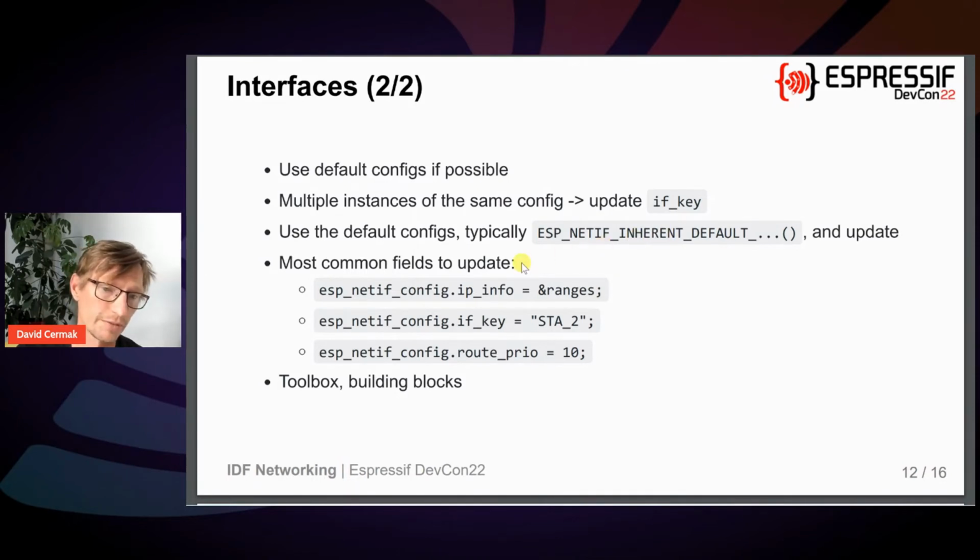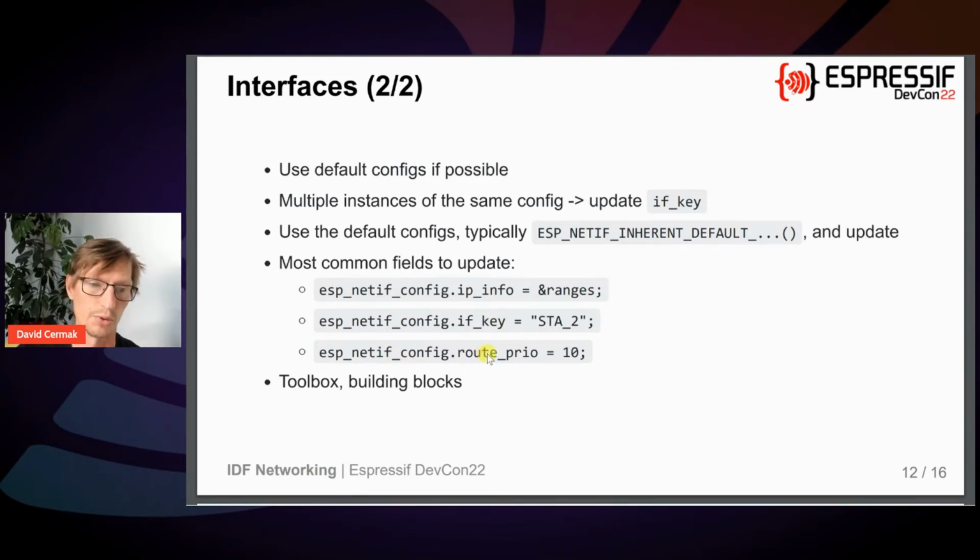And the most common fields to update are the IP info. This is very useful for the access point, or for those interfaces that run the DHCP server, because here we can easily define ranges. I already said that the interface key needs to be unique, so we need to update that, and the routing priority.